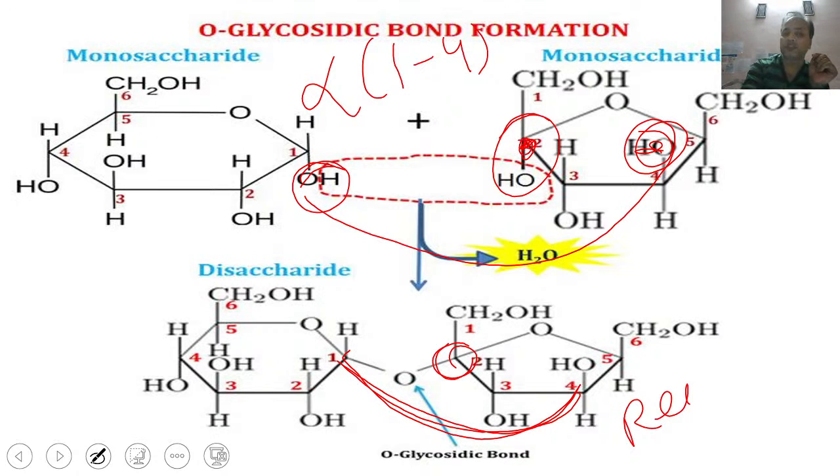This is a ketonic group, this is an aldehydic group. So whenever you have a disaccharide, look at whether the anomeric carbon is free or not. If an anomeric carbon is freely available, a minimum of one, it will be reducing. If no anomeric carbon is free, it is a non-reducing sugar. Clear? I think it is clear to you.